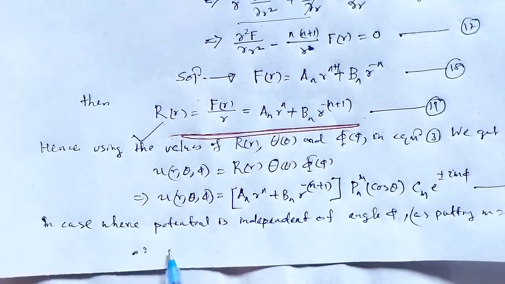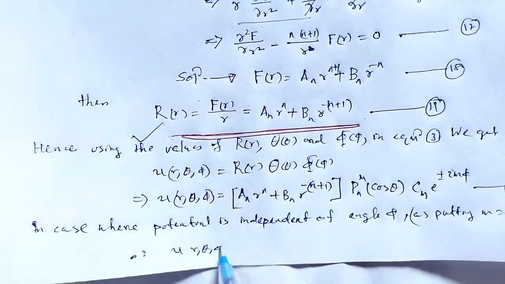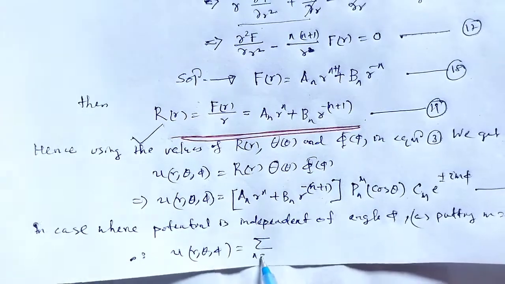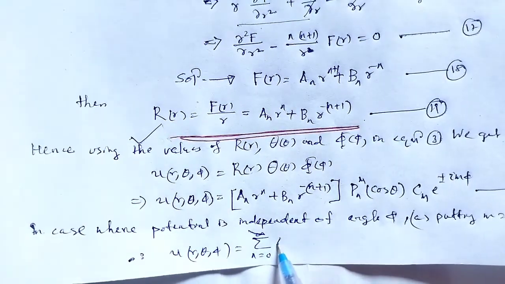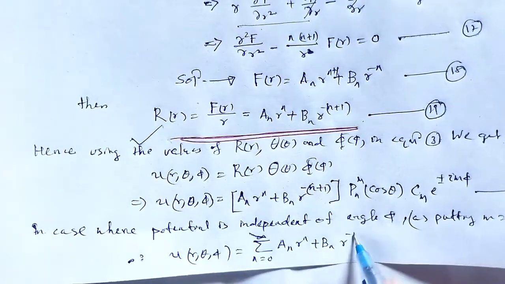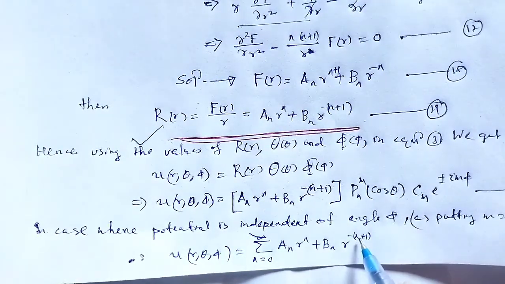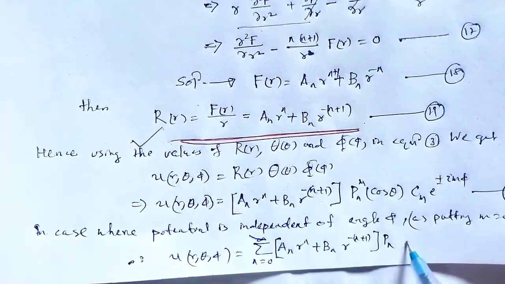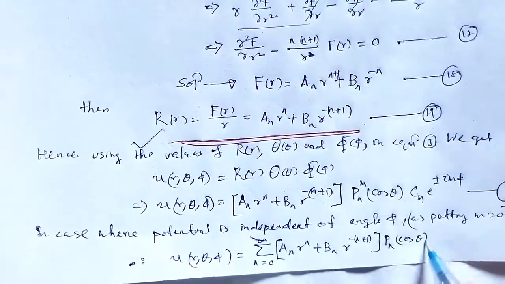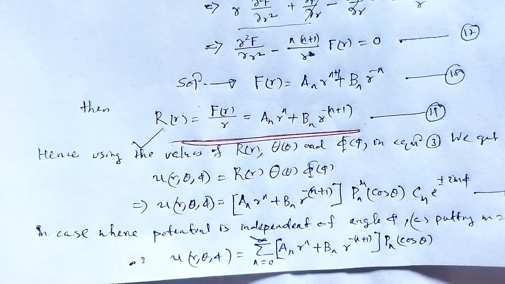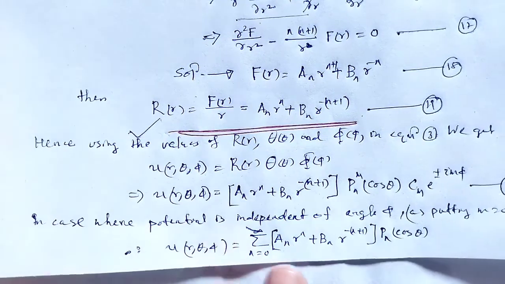We get u as a function of r, theta, phi is equal to summation over n from 0 to infinity of (a n r to the power n plus b n r to the power minus n plus 1) times P n of cos theta, where a n and b n are to be determined by using boundary conditions.